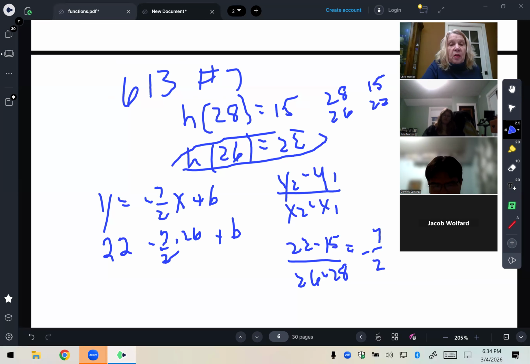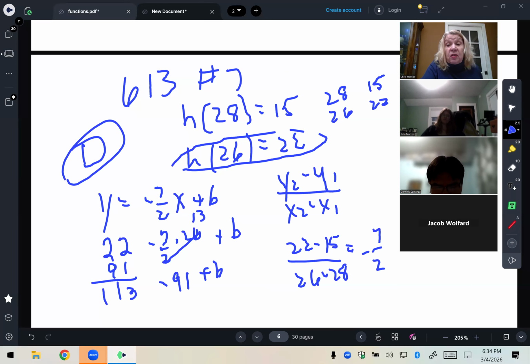So then that'll be 13, which is going to be minus 91 plus b. So b has to be 113. And so the answer, we're in the higher difficulty module here, is going to be D.